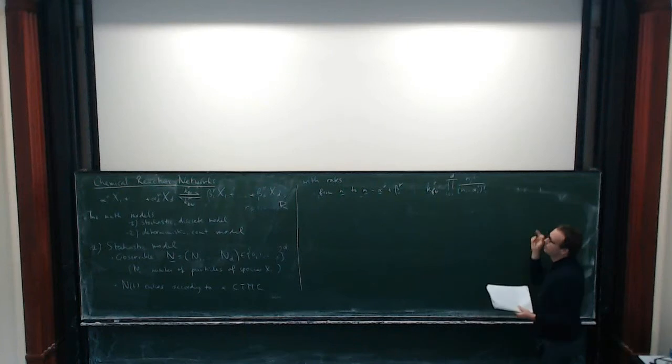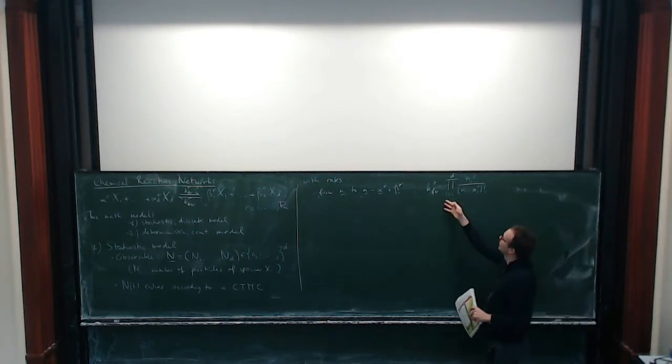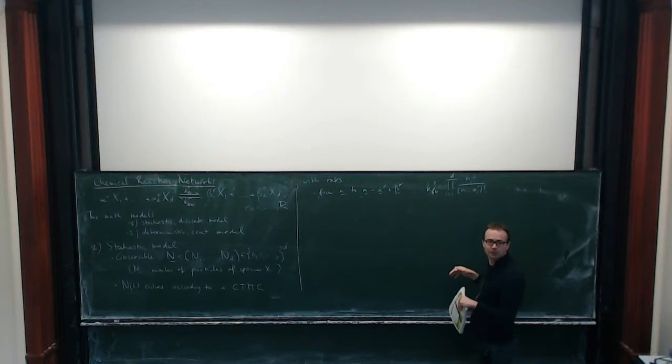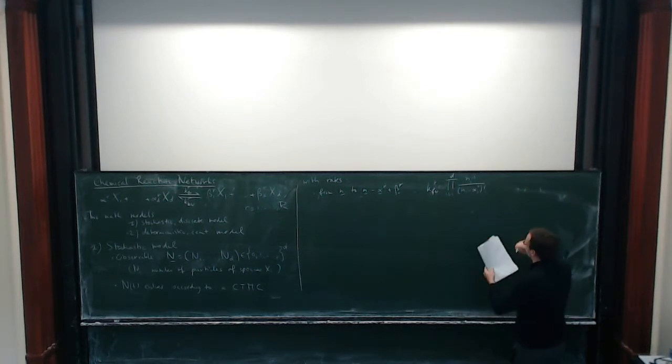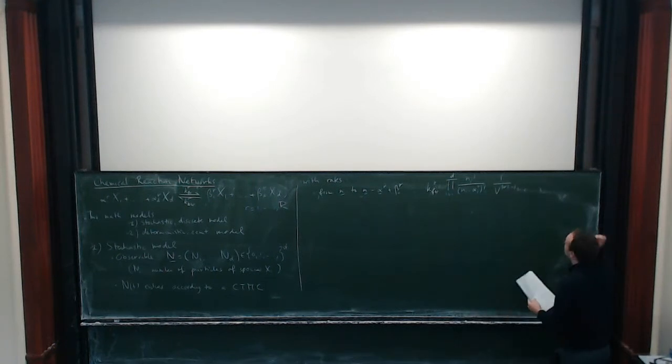And then there's another parameter. You assume that these reactions take place in a given volume of size v. And what you want, if a reaction occurs, is that the particles which you need for the reaction are in the same unit of your volume. So you need to scale the thing by 1 over the volume to the power norm of alpha minus 1.